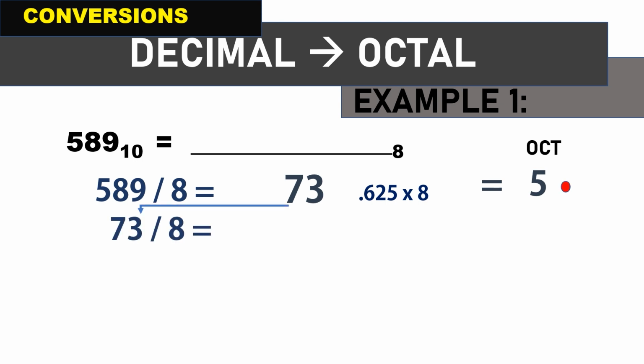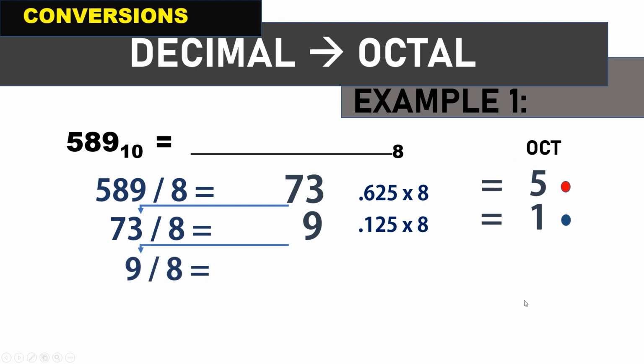73 divided by 8, you will have 9.125, times 8, then the product is 1. So for the first one I mark it red, and the next one I mark blue for the order of writing. And we have also 9, since it is greater than 8, so we have to divide it again.